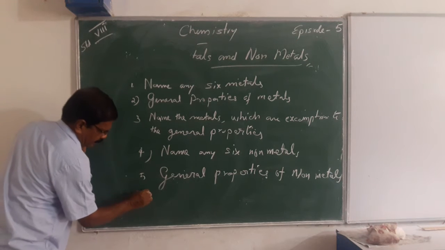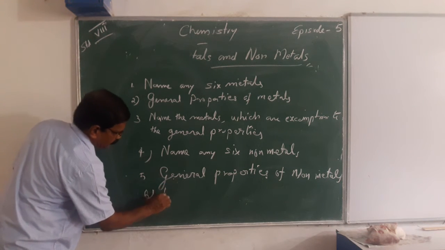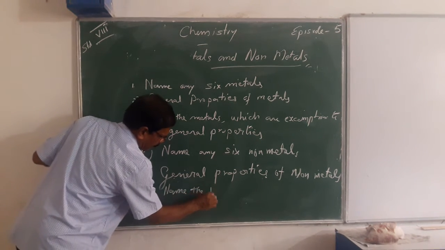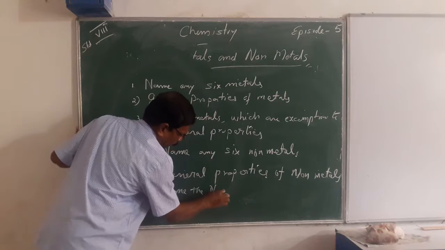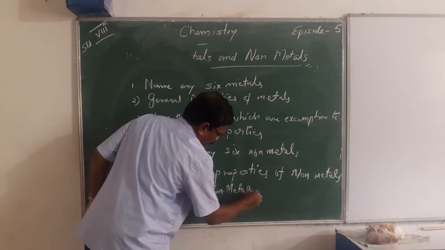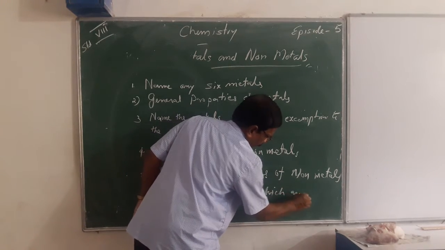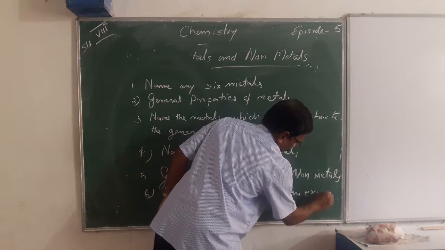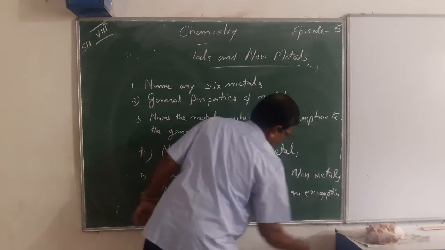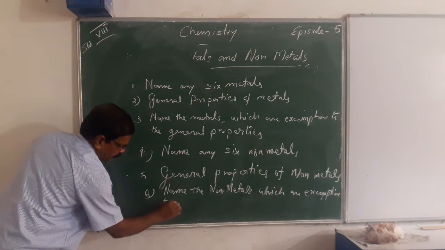The next question: name the non-metals which are exceptions to the general properties.